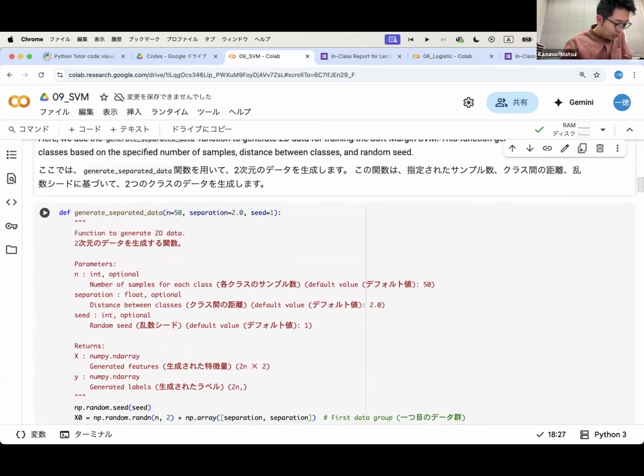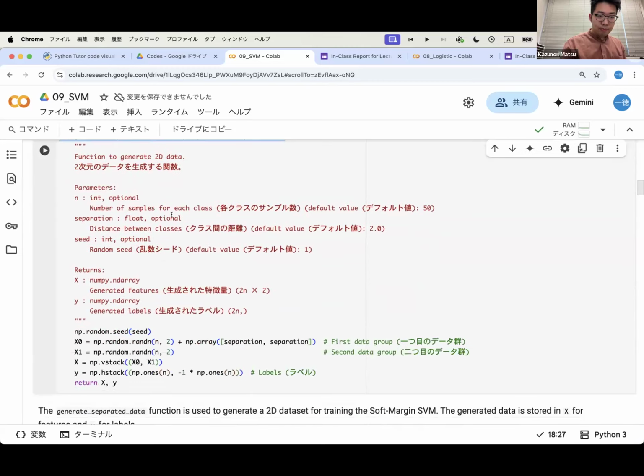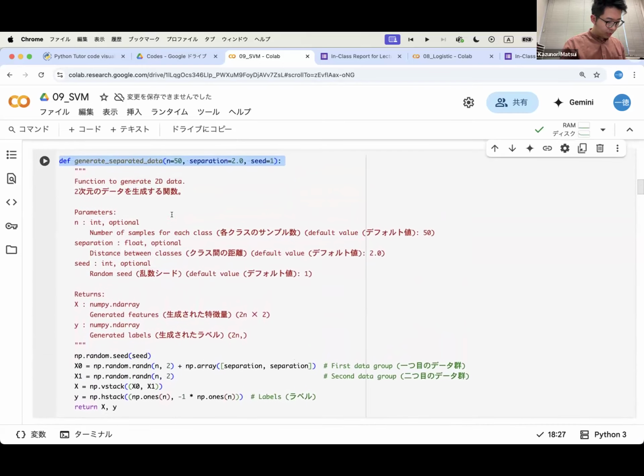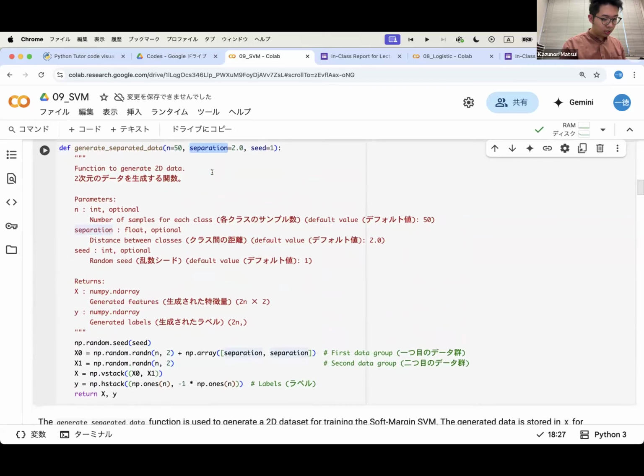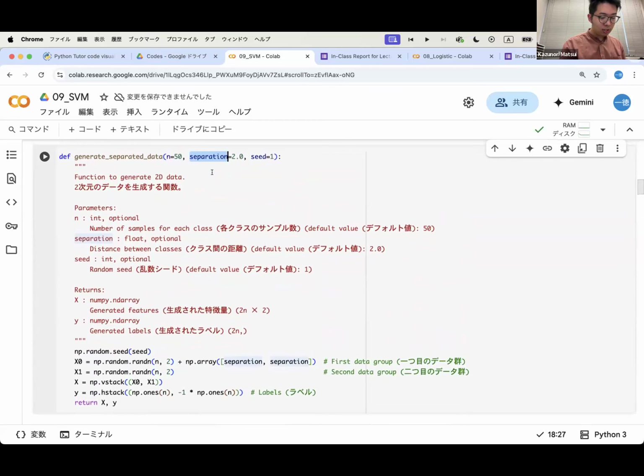We create a function to make two-dimensional data. This separation specifies how much to separate them. For those who are curious, please take a look, but just think that we are creating some data.